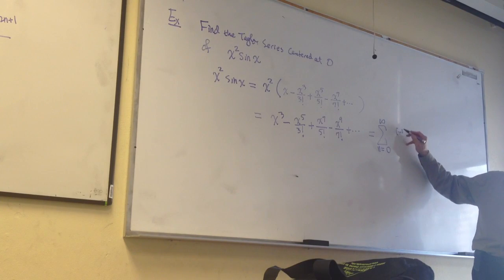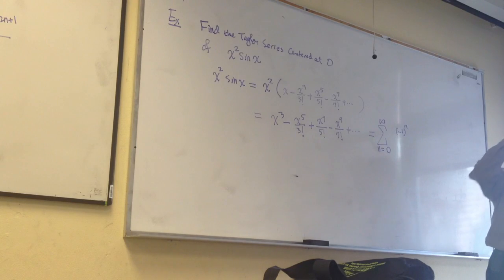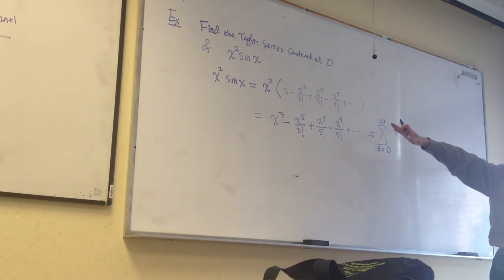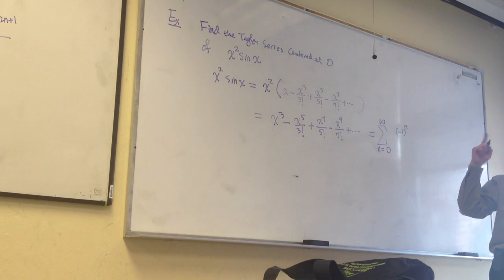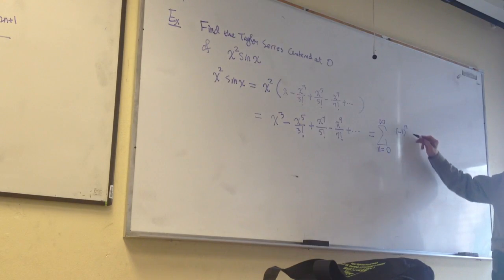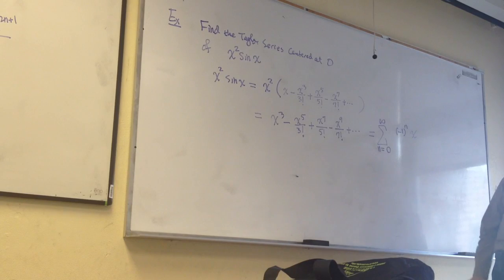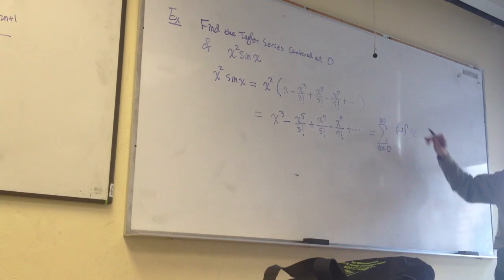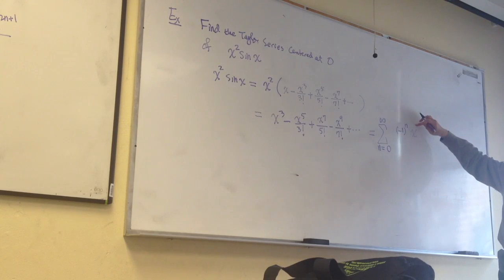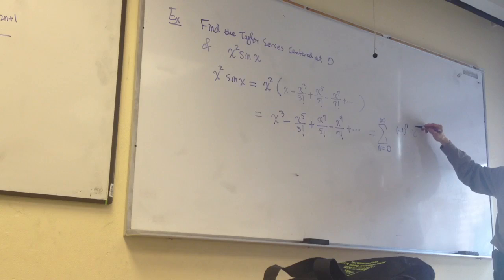So negative 1 to the nth power would do, right? That takes the sign properly and starts with positive. And then x to a certain power, what power? If n goes from 0 to infinity, is it 2n plus 1? Nope, 2n plus 3.